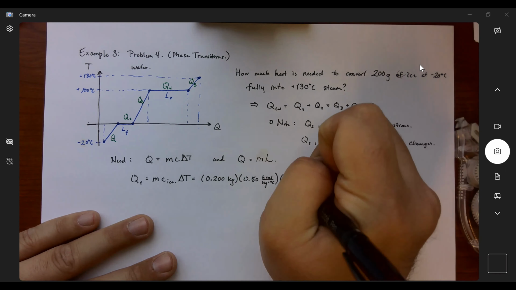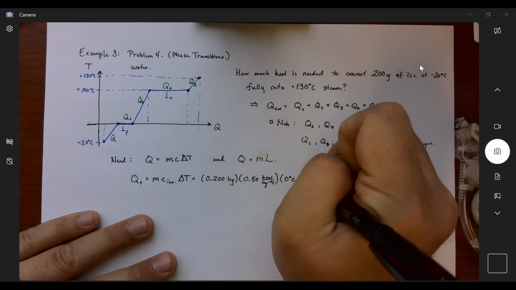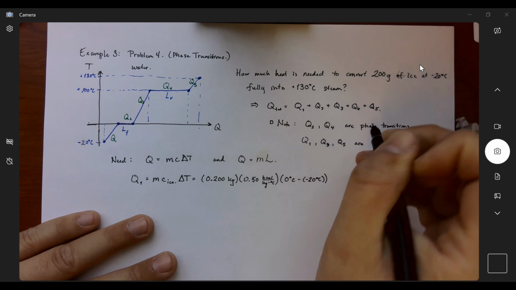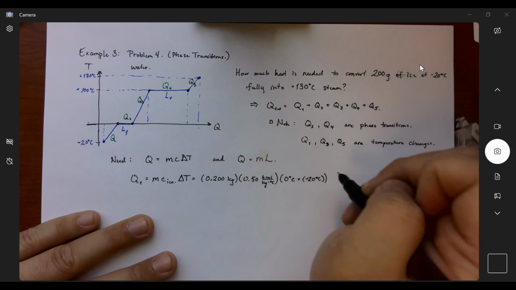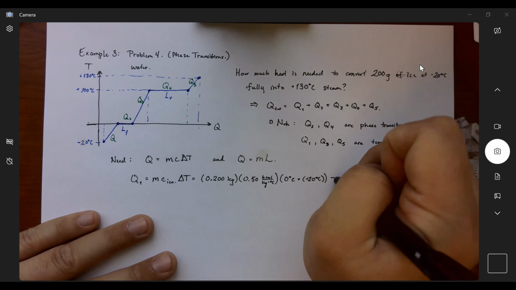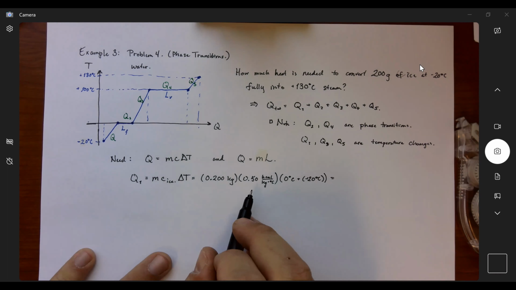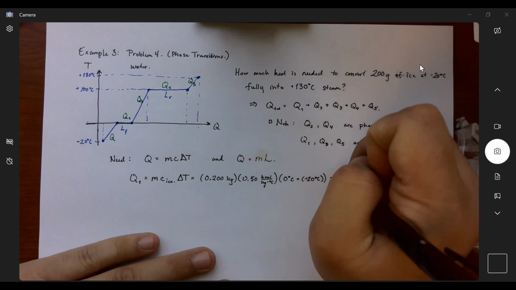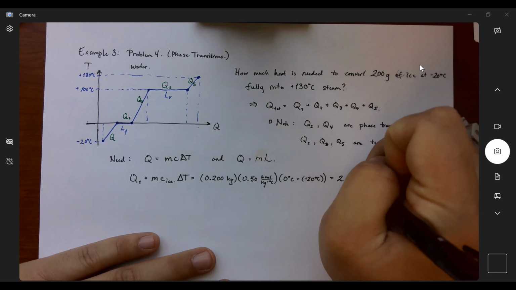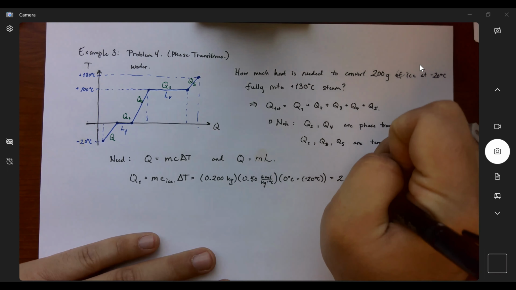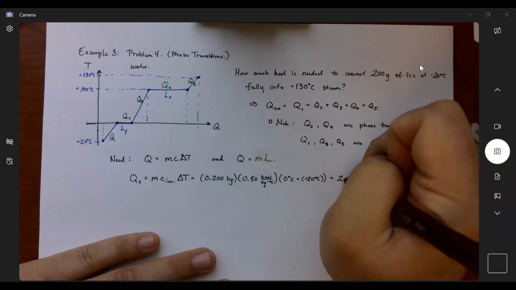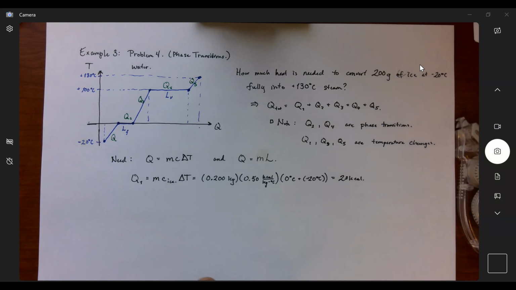Final is 0 degrees minus a minus 20 degrees, so that makes that plus. If we calculate this out, I get 2 kilocalories. 2.0, I'll say.